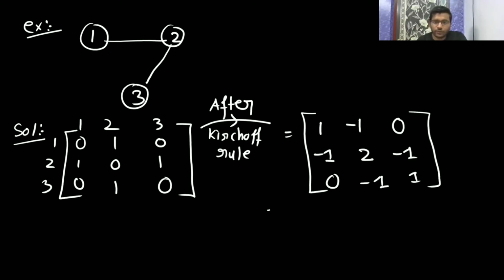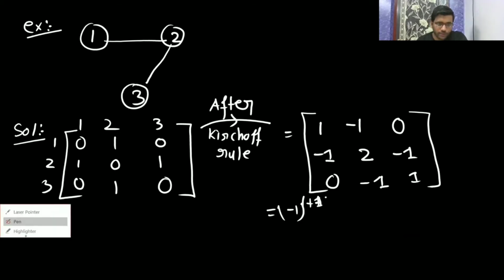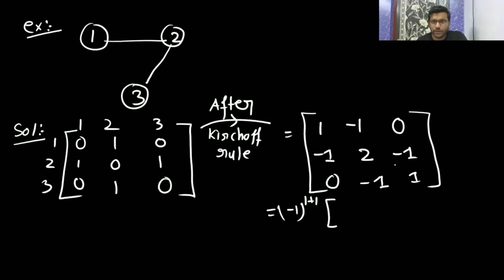Now take the cofactor of any element; this I have taken. So minus 1, 1 plus 1. So 1 plus 1 will be 2, then minus 1. So it will be 1 only, and plus 1. We got 1.